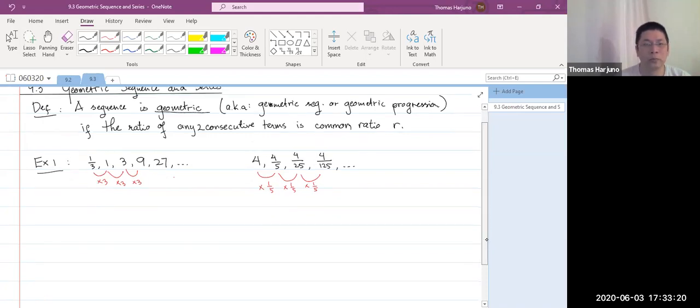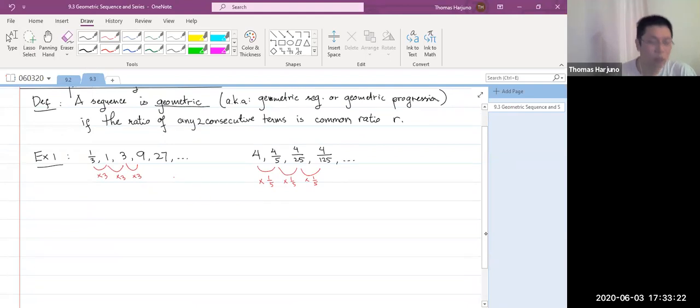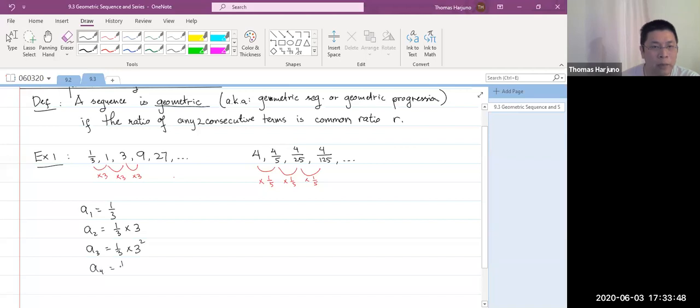Okay. Now, for us to see what the general formula for the general term is, let's use the first example. The first term is 1/3, right? The second term is multiplied by 3. The third term will multiply by another 3. The fourth term will multiply by another 3.